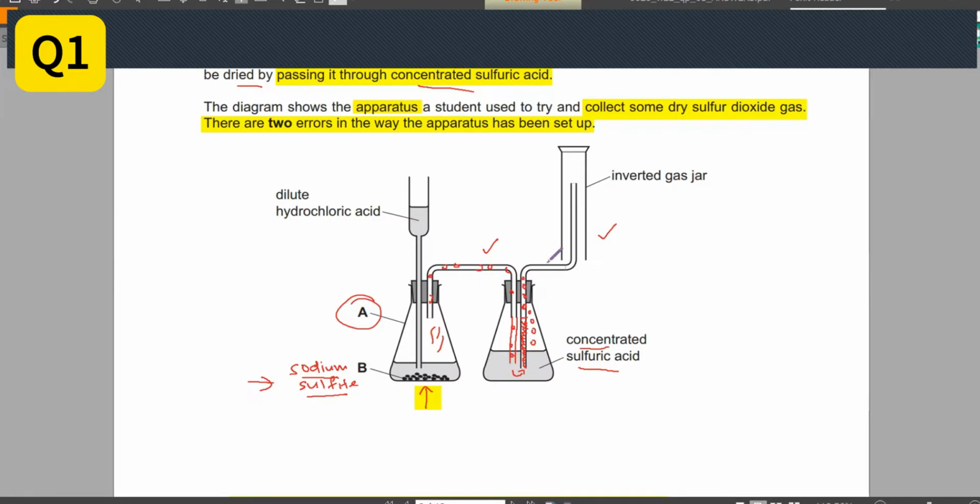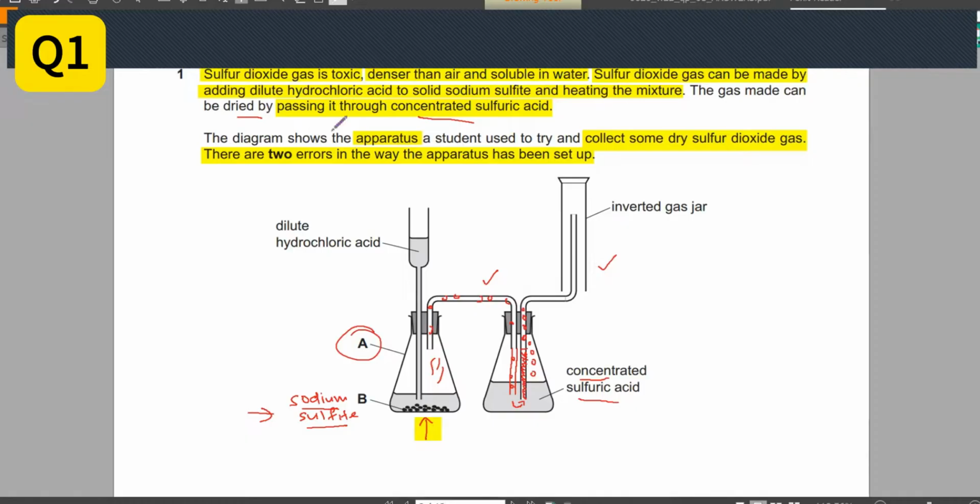Another thing, because we are given that the sulfur dioxide is denser than air, when it comes out here, it will go down because it's denser than air. So the correct setup should be like this.